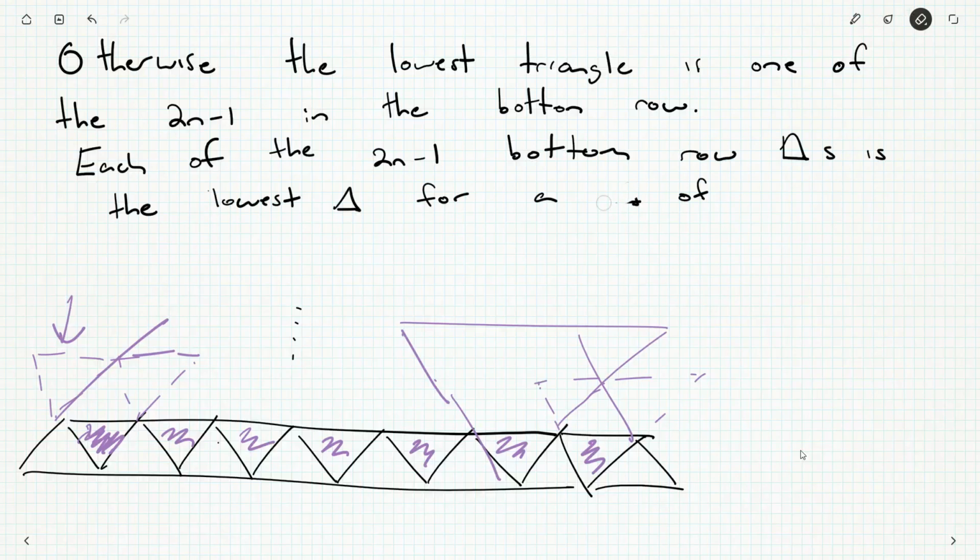I'll make them downward facing here. For a downward facing triangle of size 1.